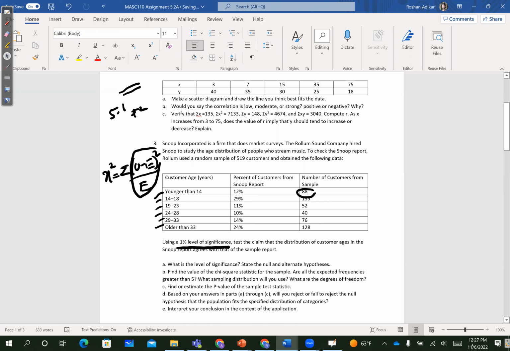What is E? E you actually can find. See, 12% of 519. So for this one, E is going to be 519 times 0.12, and that's going to be 62.28. That's going to be the number here.